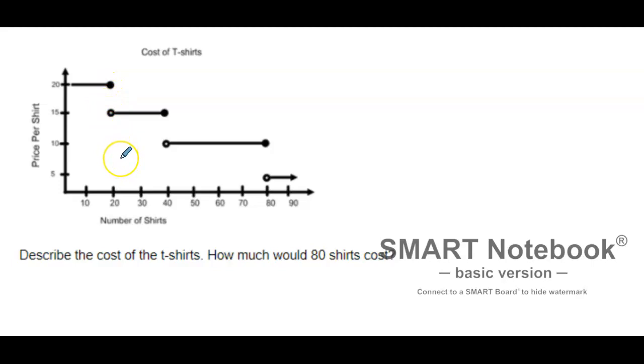So to describe the cost of the t-shirts, we're looking at from 1 to 20. For 1 to 20 shirts, the cost is $20.